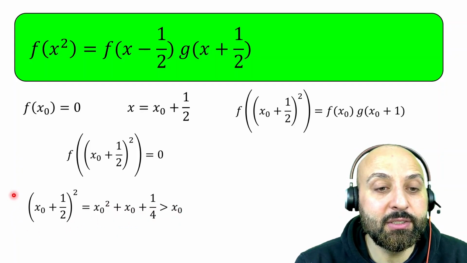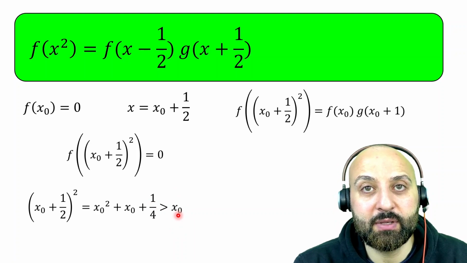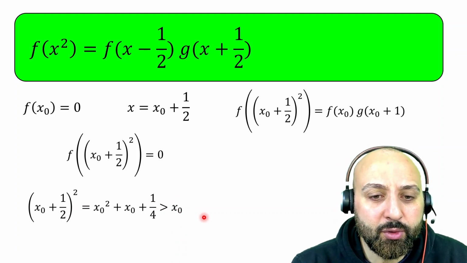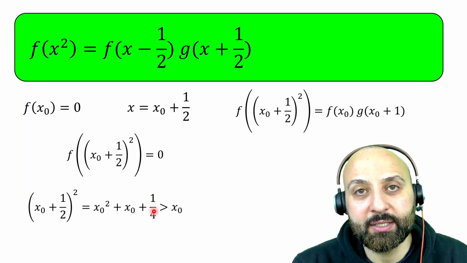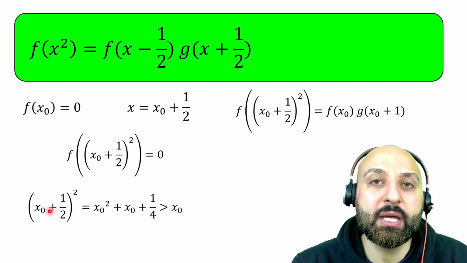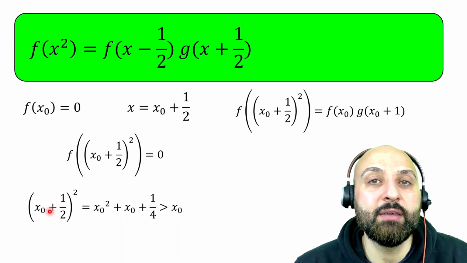Therefore, we conclude that this new root is always larger than the initial root that we assumed, x0. So if we have one root x0, we can always find another root that is larger than x0. And now we have this new root. Again, we can find another root that is larger than this. And this process can repeat infinitely.